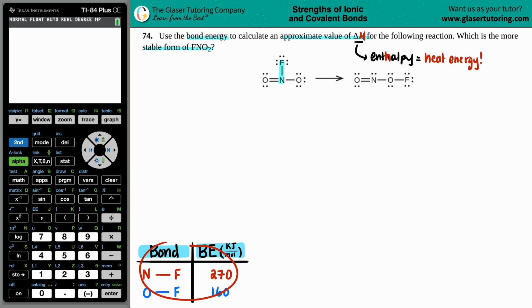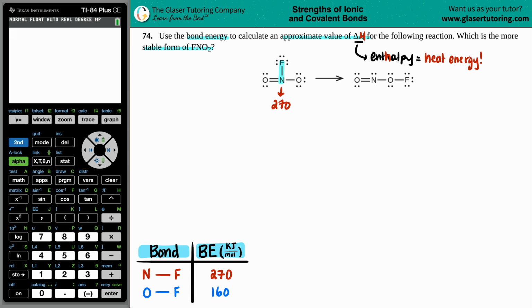And that's why we have to go to the bond energies, which I labeled as BE, to find out how much energy is required to sever or cut off that N single bond F. So in this case, this is equated to 270 kilojoules per mole. So I need 270 kilojoules per 1 mole of this bond in order to break it.